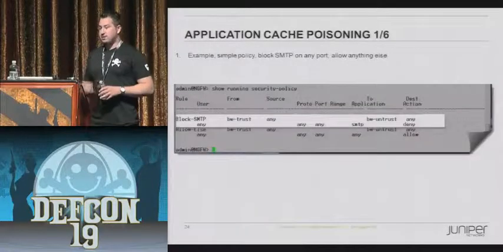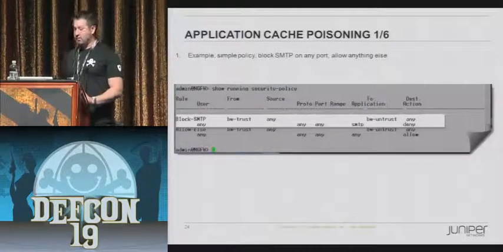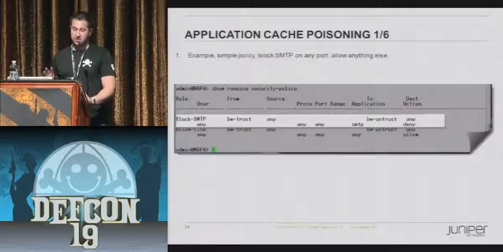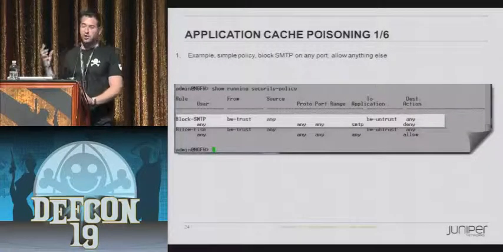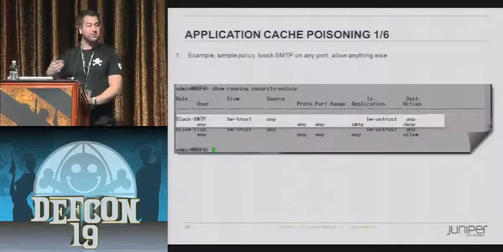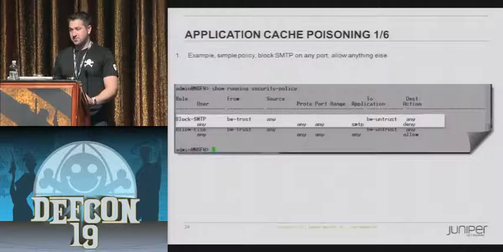So I mentioned application caching. It's not that application caching is a bad thing at all, and depending on how you're deploying this, it could be perfectly legitimate. Like if you're deploying this in front of a data center that you control to accept inbound connections, typically if you're controlling the actual servers, then it shouldn't be a big deal.